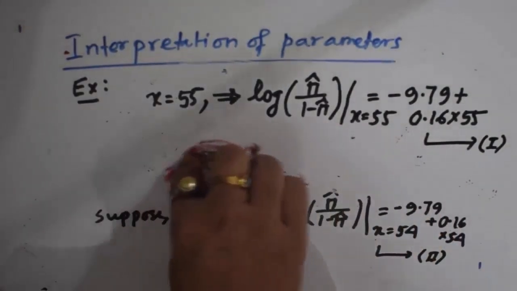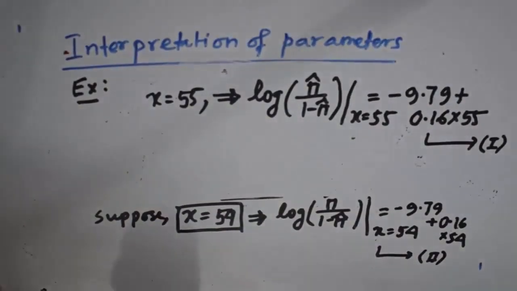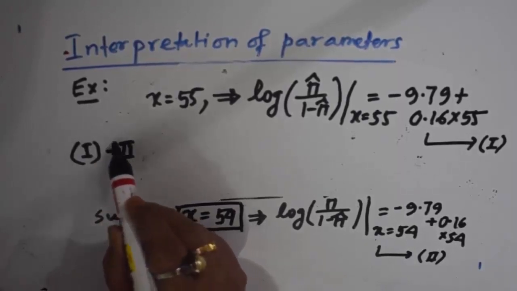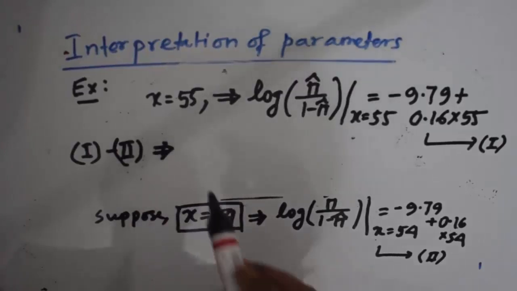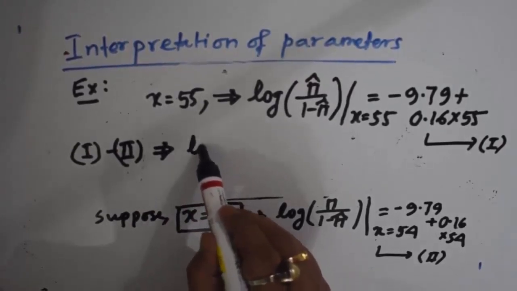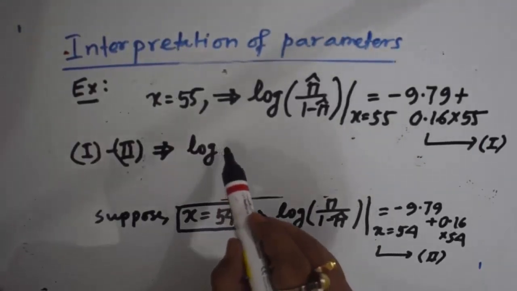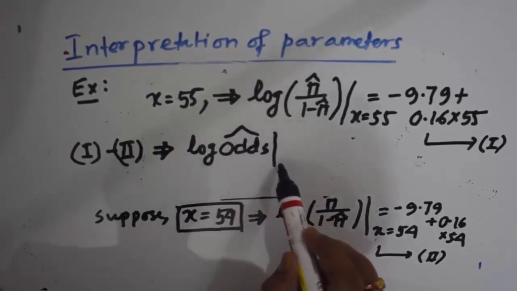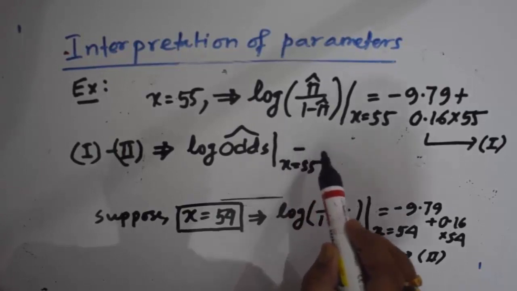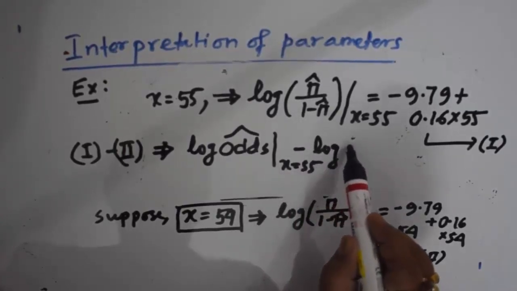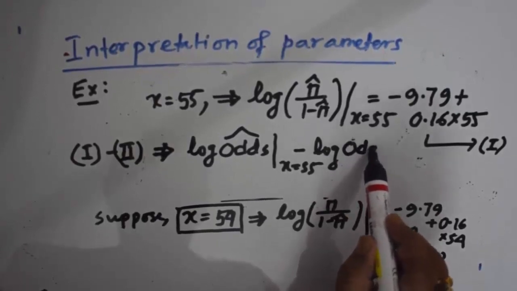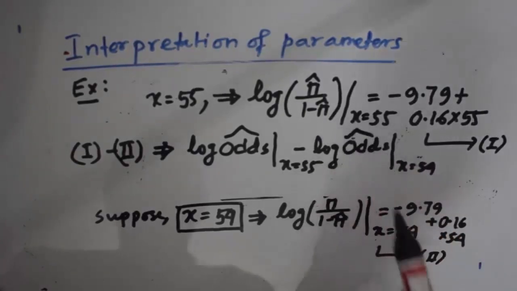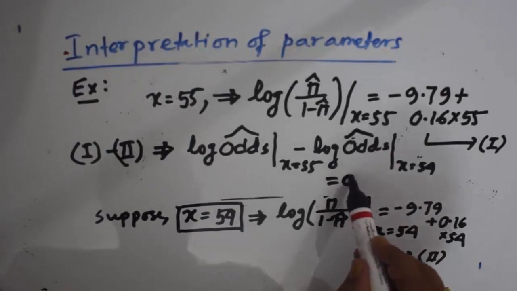Now, one minus 2 is equal to log odds corresponding to x is equal to 55 minus log odds corresponding to 54, is equal to 0.16.